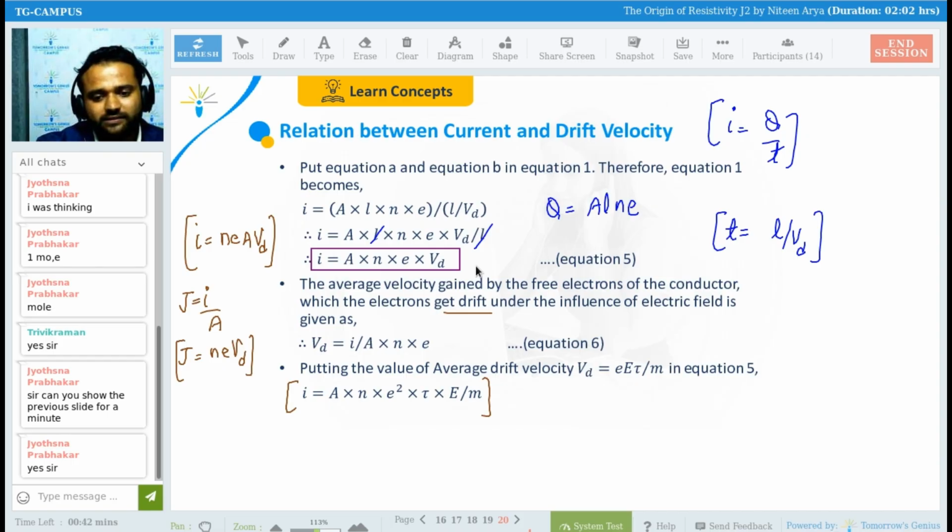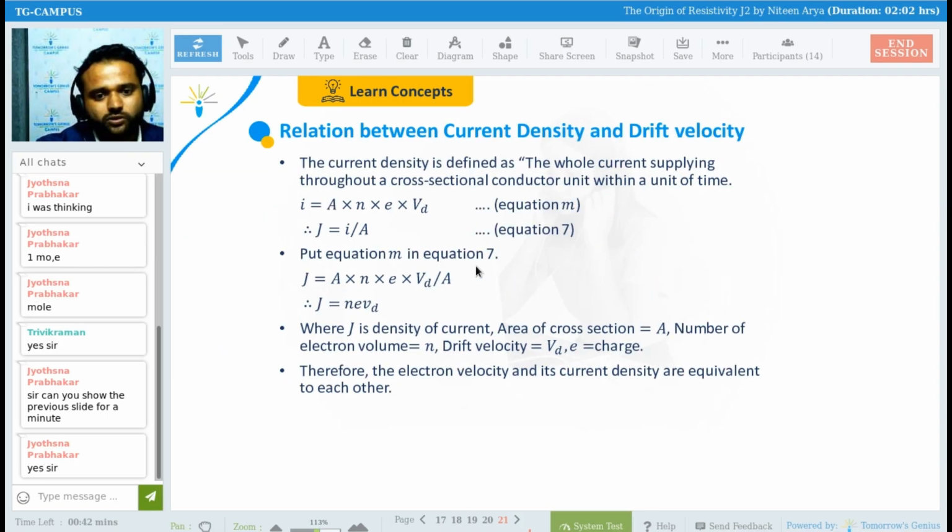So doing that, we can get this relation. As you can see, I equals NeVd, J equals I by A, putting equation 7 in the above equation. So it is just formulation from one equation to another. Nothing more than that. Therefore J equals NeVd.